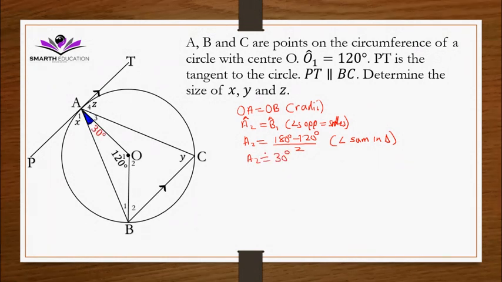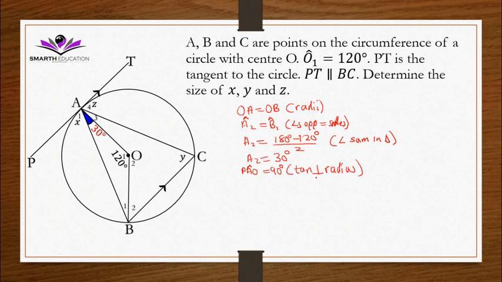See that? Okay. But now, what can you say about angle PAO? What can you say about angle PAO? Is it equal to 90 degrees? Yes, it is equal to 90 degrees. Why? Because we have tangent perpendicular to radius. AO is the radius.